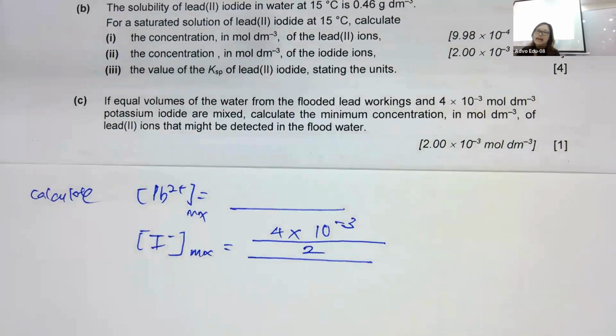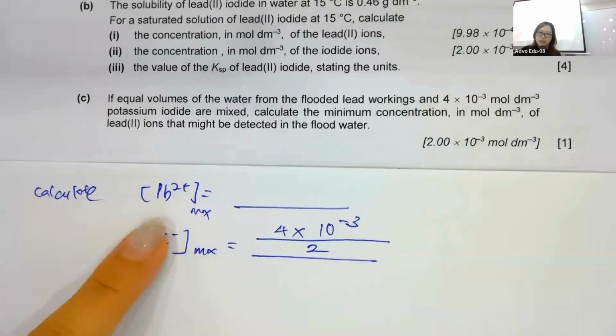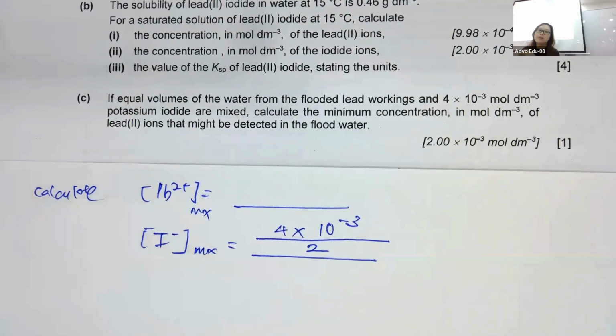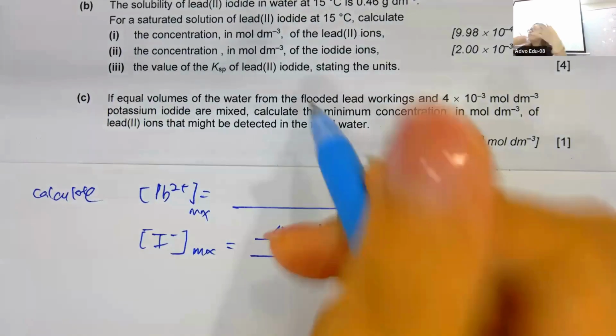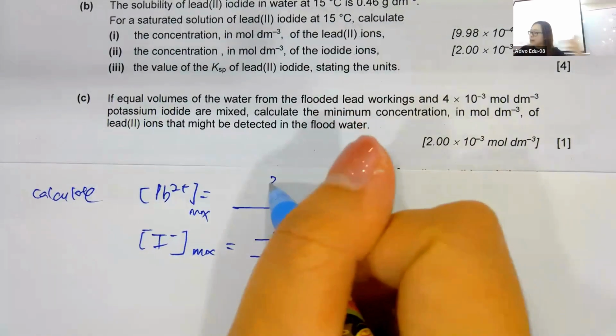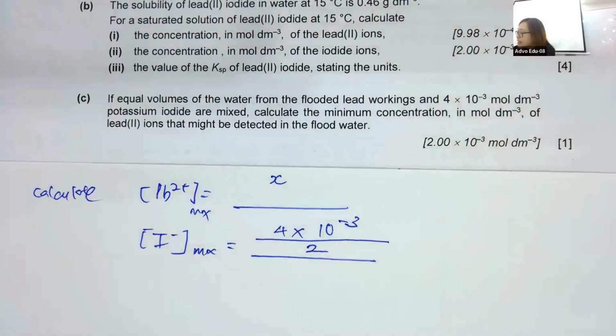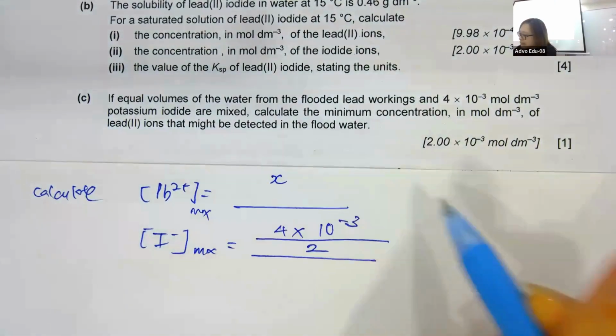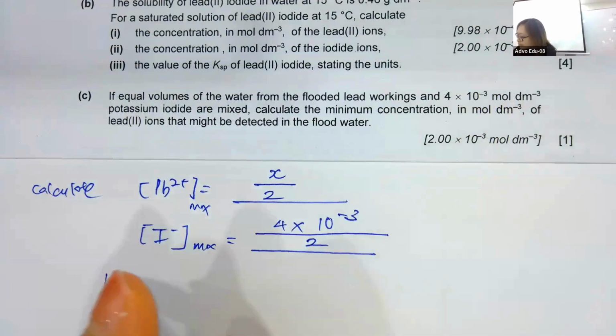Okay. Now the unknown now is the Pb2+, right? Okay. So we let the concentration of Pb2+ be represented by x in the flooded water, right? But the resultant one will be x divided by 2. Now we sub into our KSP expression.